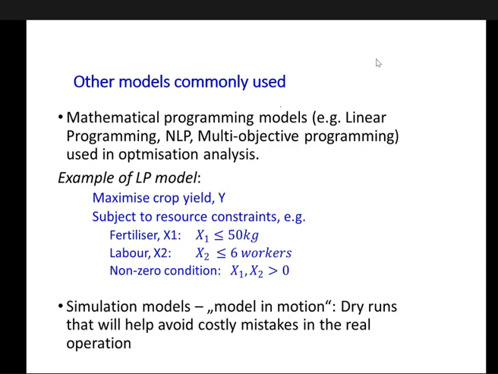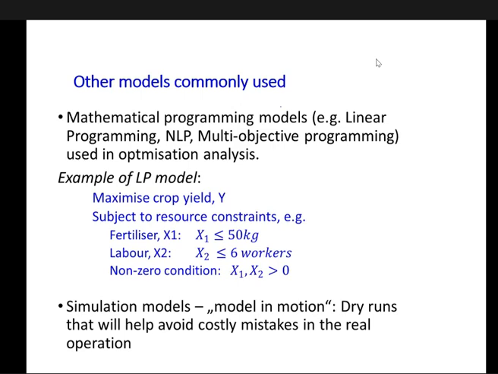You can use up to 50, or you can use up to 6, but it may not be economical to use all those. But the linear programming model will tell you the levels of fertilizer to use that does not exceed 50, and the amount of labor to use that does not exceed 6 workers.